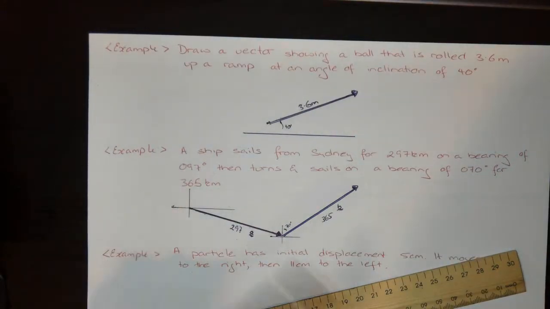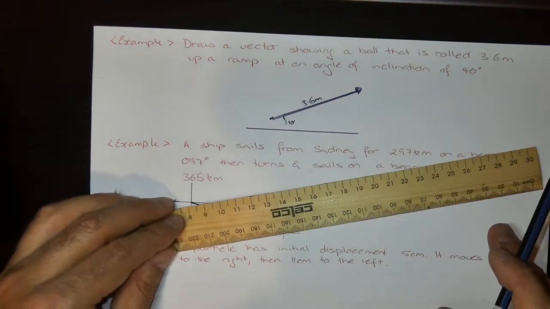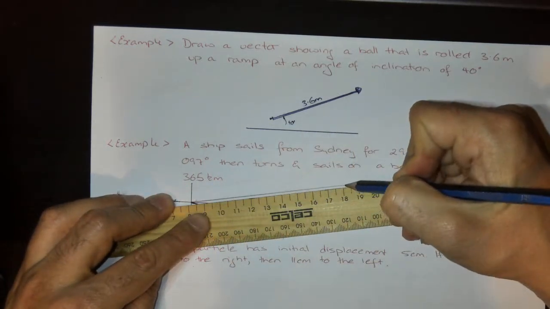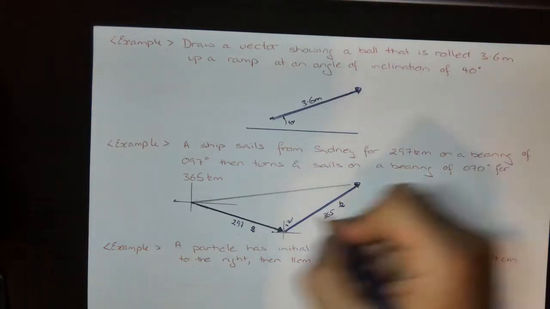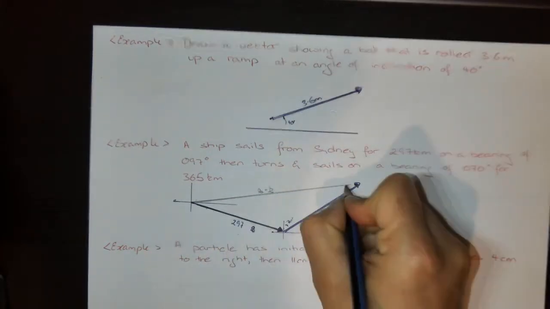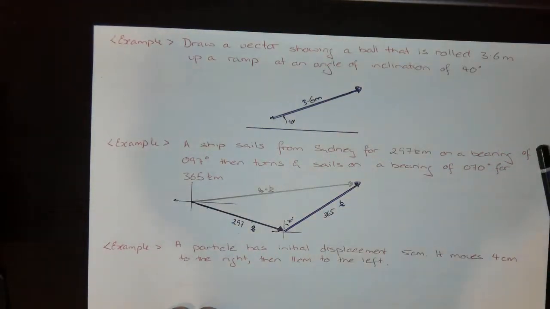Now, I can find the distance it's travelled by calculating this vector, which is going to be the sum of vector A plus B. And I can do that using the cosine rule.